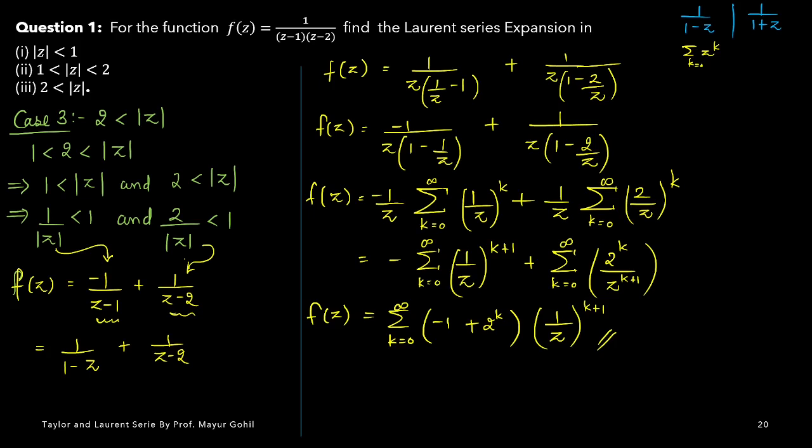Please go through the entire example again. If you feel any difficulty, please feel free to ask me in the comment section, okay? Or you can put your doubt in the comment section and let me know. I'll again take up some other examples. And remember, Laurent series examples are slightly lengthy in nature.